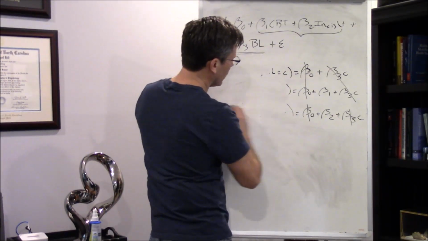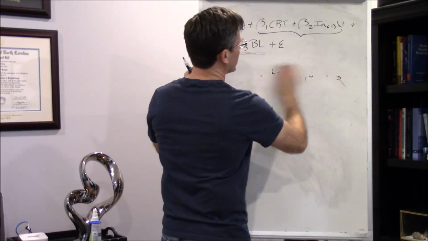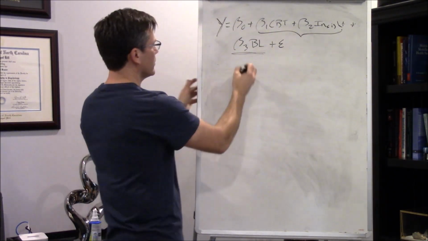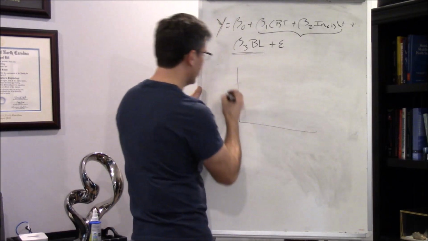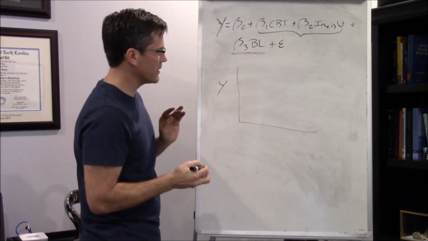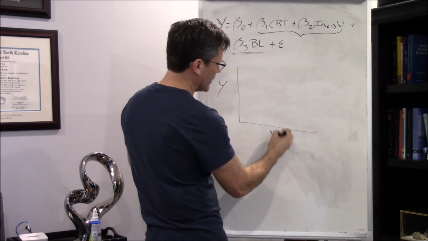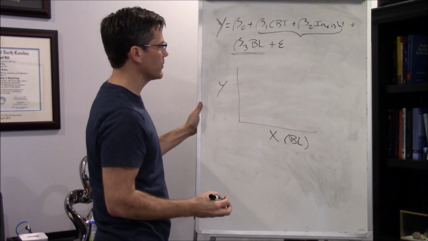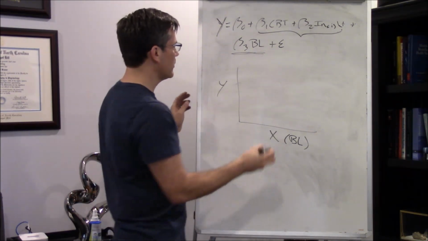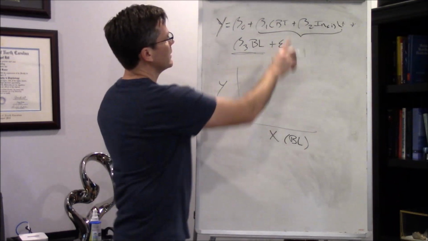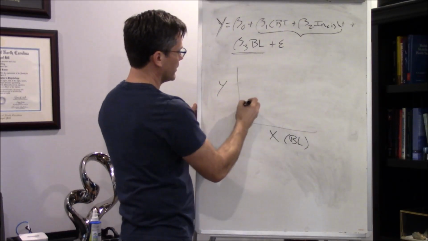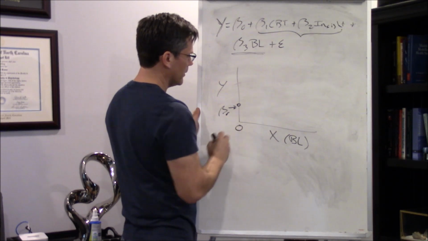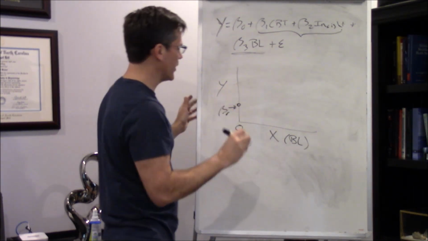So we can say, well, what if we plotted out the relationship between satisfaction and our predictors? We've got our y variable, post-test satisfaction, and our x variable, the baseline measure, that's the continuous one, and then we've got our grouping variable. For the control group, CBT and insight are 0, right? So we're going to get beta naught, where x is 0 at no satisfaction.